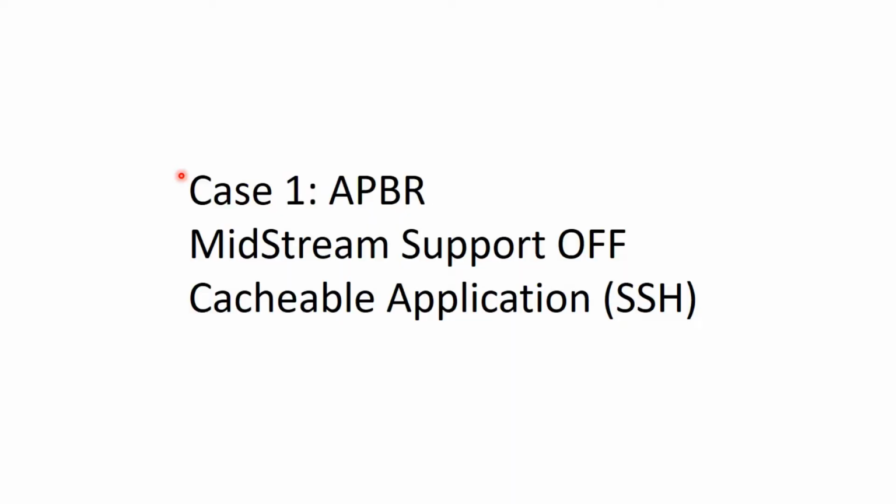Okay, let's observe the first case, which is APBR applied, midstream support switched off, and the application that we are going to look at is SSH, which is a cacheable application.